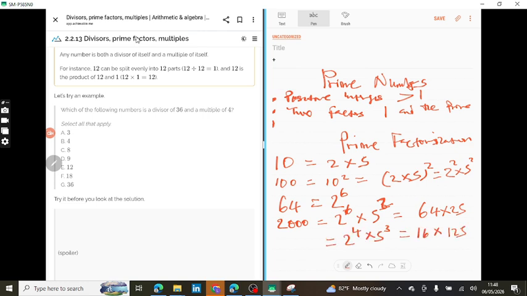If you are solving a question, one thing that you're supposed to do is to pay attention, right? Right now we already have 2 by 5.